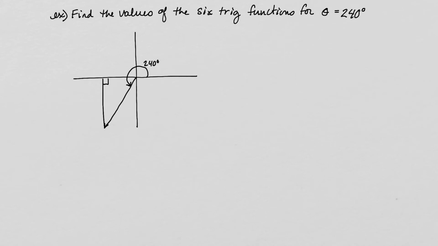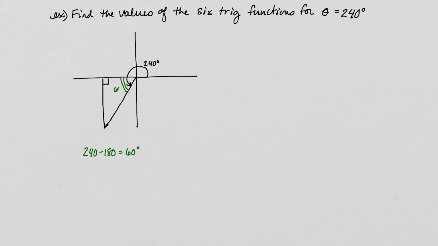Okay, so I have this 240 degrees. I have to figure out the reference angle. So how am I going to find that reference angle? Okay, so 240 minus 180, which ends up being 60 degrees.